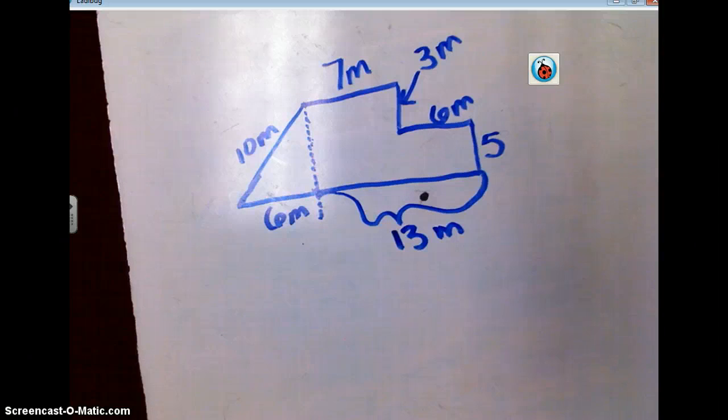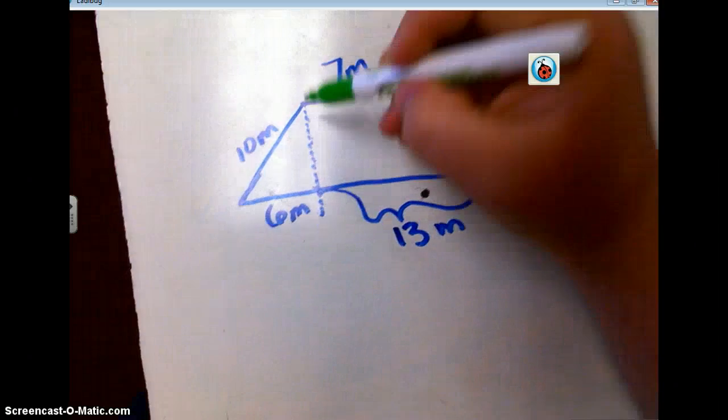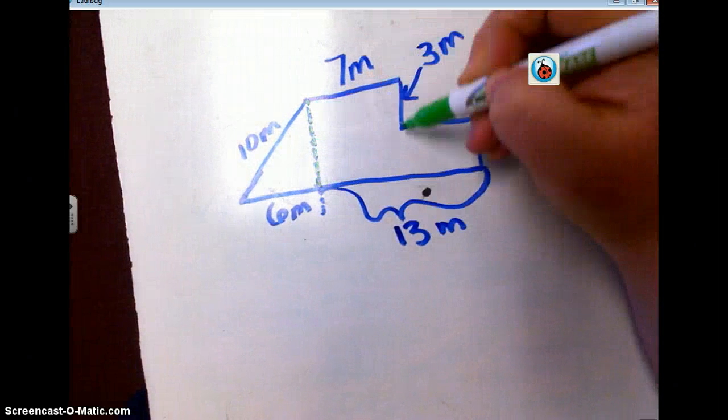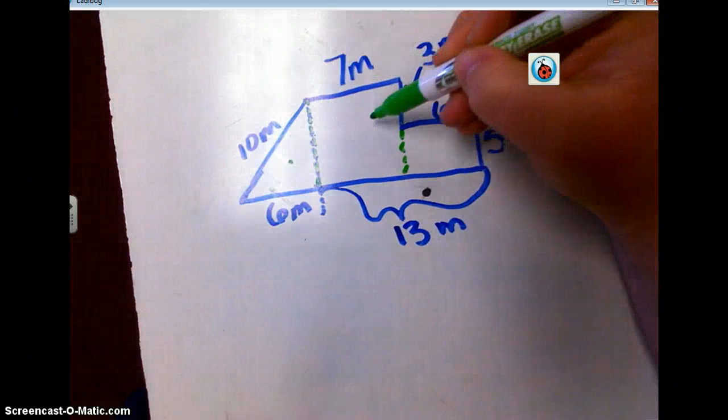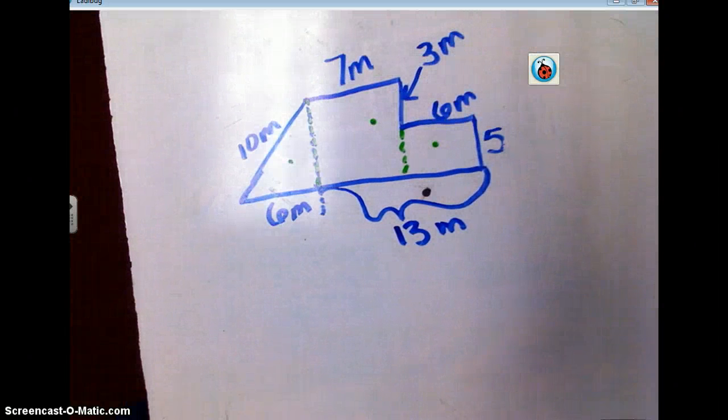You can do it where you break it into a trapezoid and a rectangle. If I were to do my line dividers here and here would be my triangle, my rectangle, my rectangle.